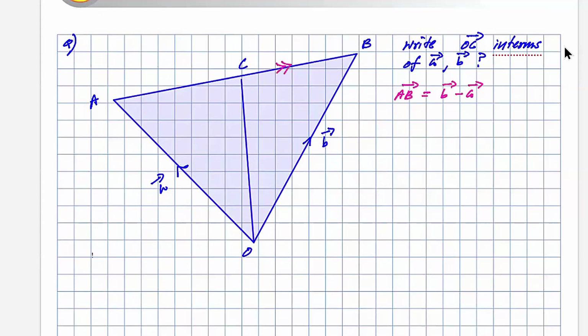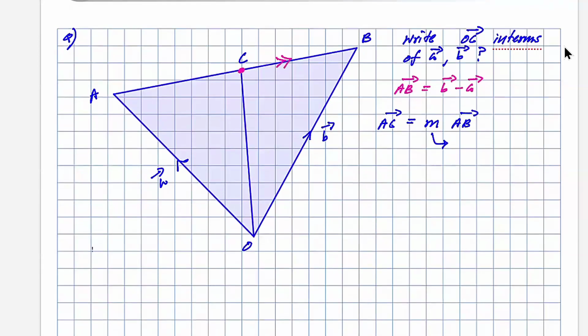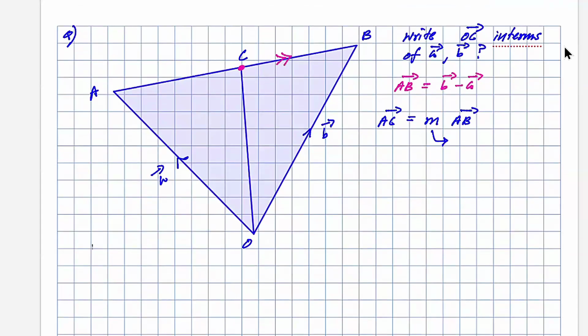AB vector. So now you have to understand AC vector is going to be M times AB vector. So this M is what? A constant. M is a constant.